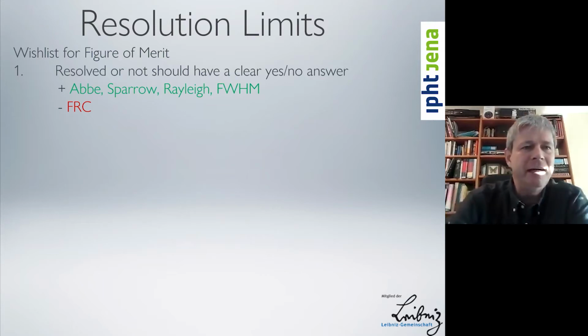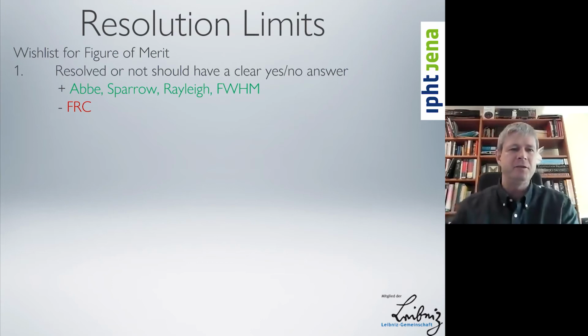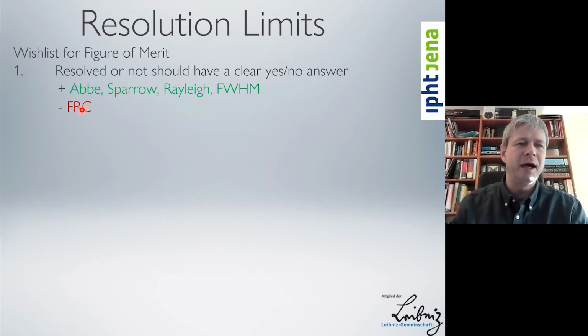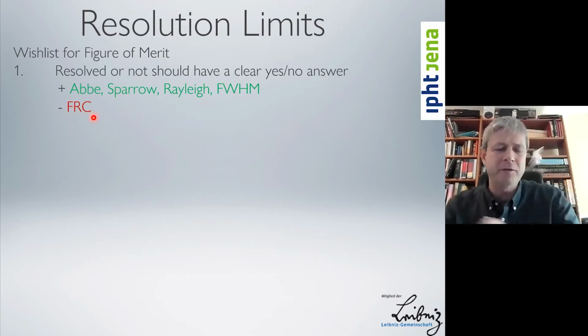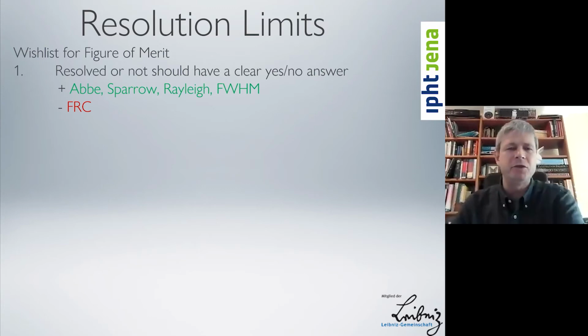Right, so here I've written down a wish list of figures of merit. So you can say there are different resolution limits: Abbe's limit, the Sparrow limit, Rayleigh, full width half maximum. And I've also written down the Fourier ring correlation here, which is not really a resolution limit, but a way that you can sort of plot the resolution capability.